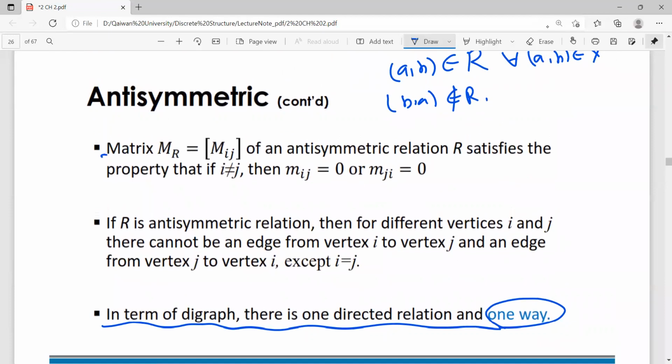And for the matrix, when you find its transpose, we must get 0 for each one. For example, here we have 1, 1, 1.